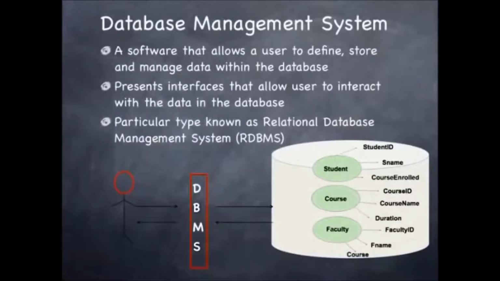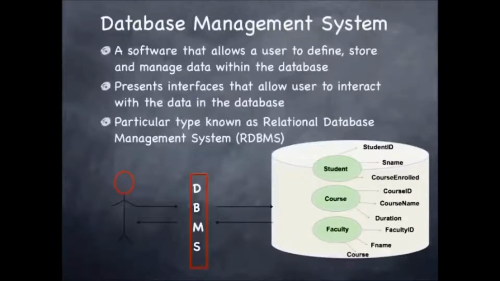We now try to look at what is meant by a database management system. Now, a database management system is a software that allows a user to interact with a database. The database management system, if you look at the diagram, is between the user and the database. The database management system provides interfaces that allow the user to interact with the data.